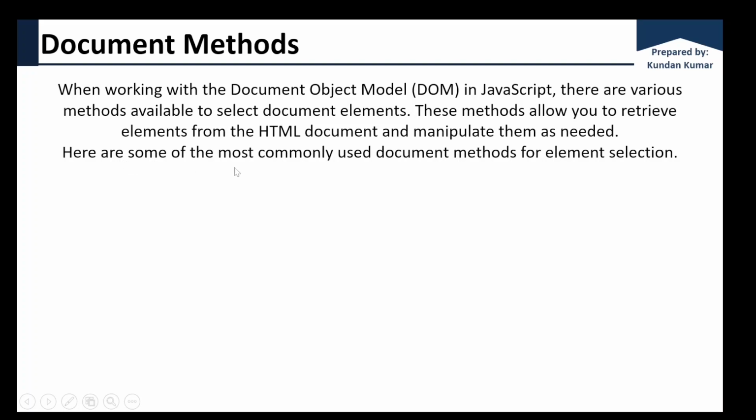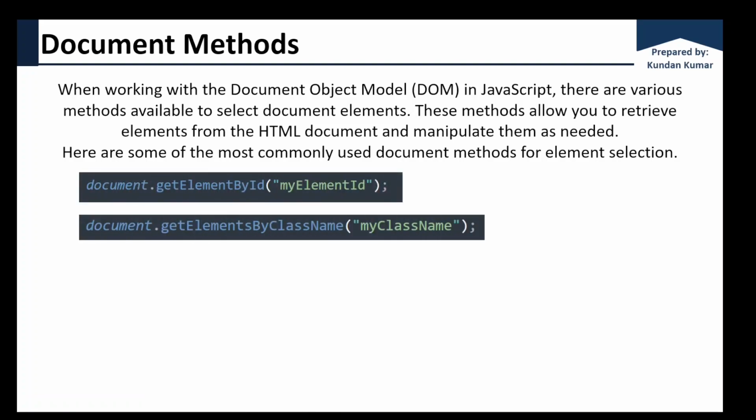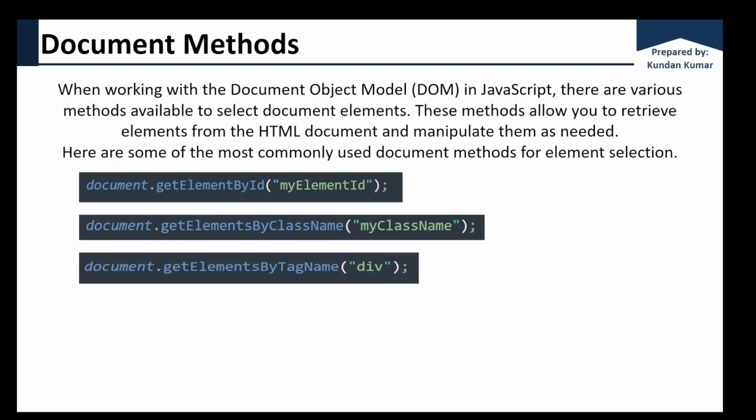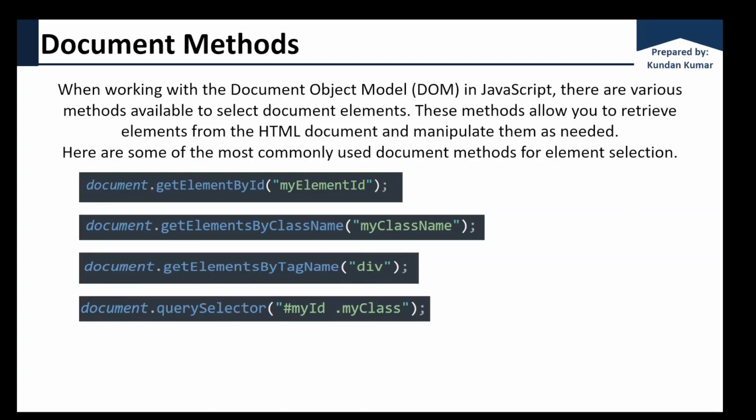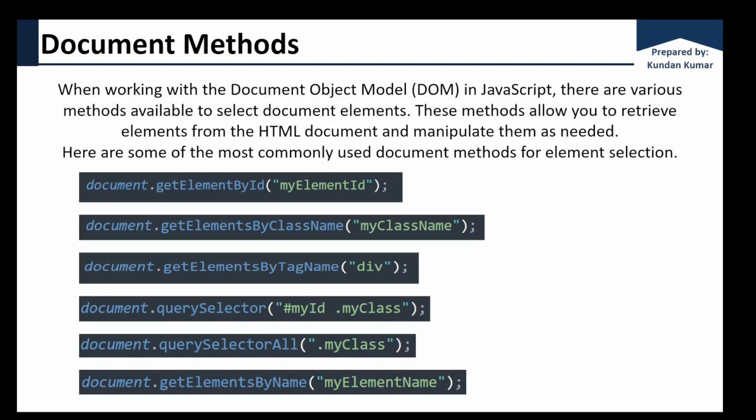Here are some of the most commonly used document methods for element selection: document.getElementById, document.getElementsByClassName, document.getElementsByTagName, document.querySelector, document.querySelectorAll, document.getElementsByName. These are a few to list here. These methods will help us make a selection of the DOM elements.